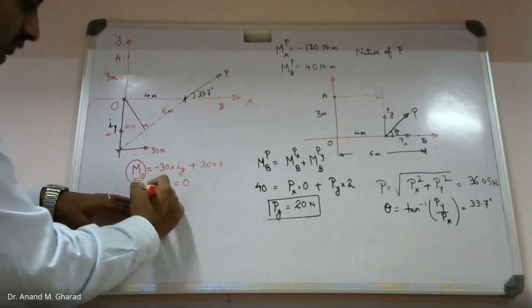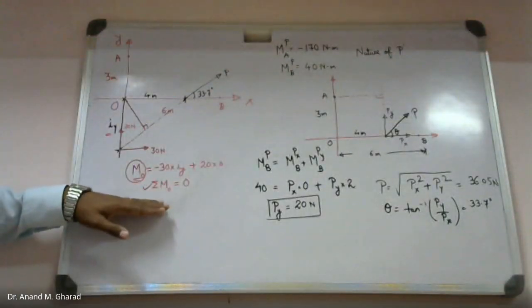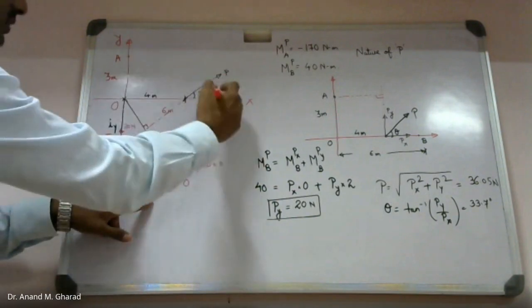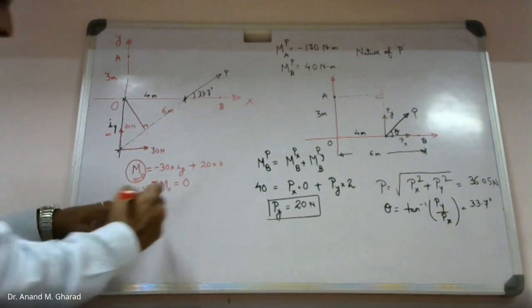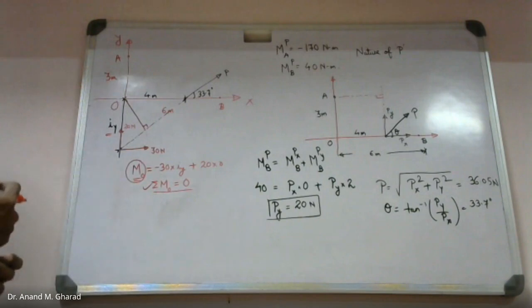This concept will be taught in the equilibrium chapter. Just try to understand that if you have certain moments about certain points, for equilibrium, the summation of all the forces about that point should be equal to 0. This is the concept.